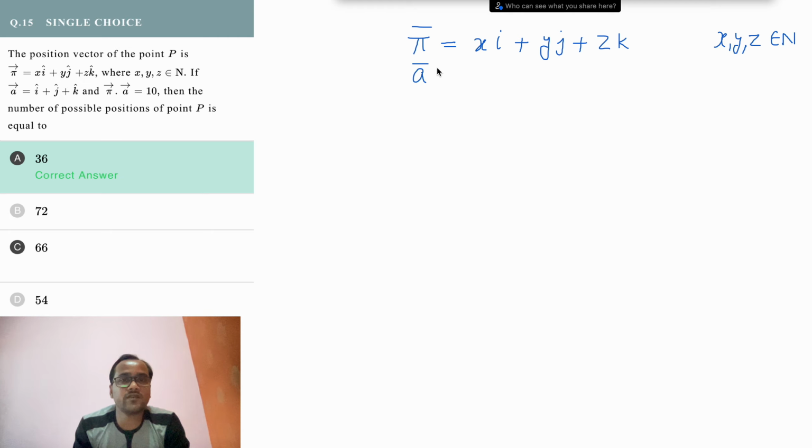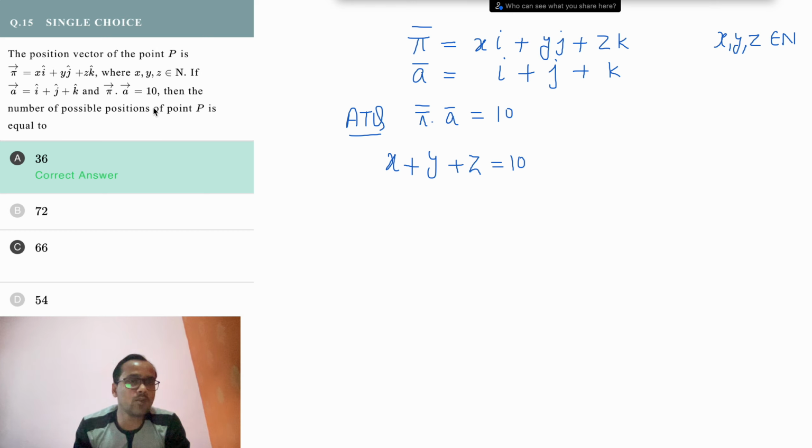And vector a is given to us as i cap plus j cap plus k cap. According to the question, p dot a is 10. That means x into 1, that is x, plus y into 1, that is y, plus z into 1, that is z, is equal to 10.